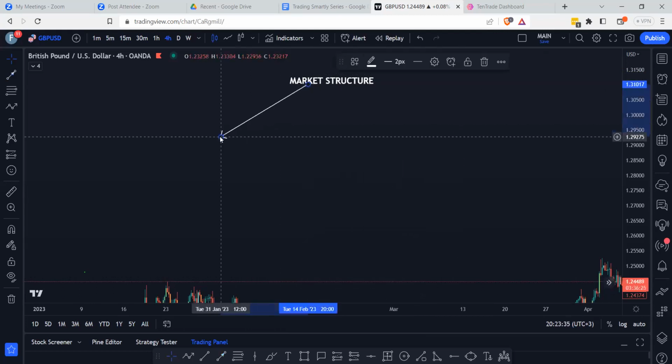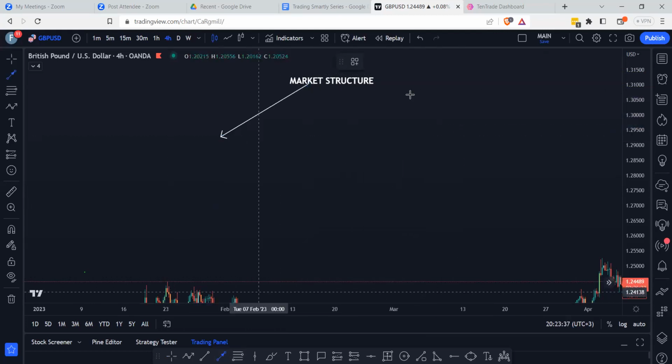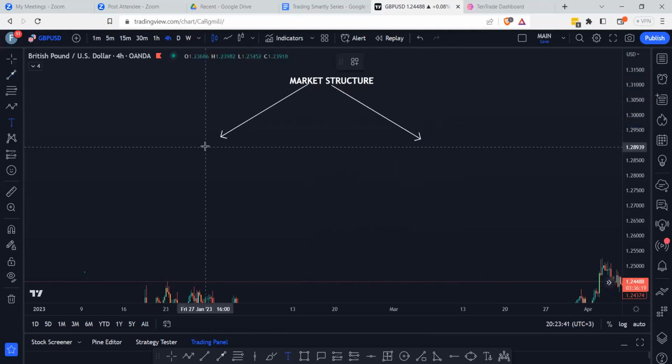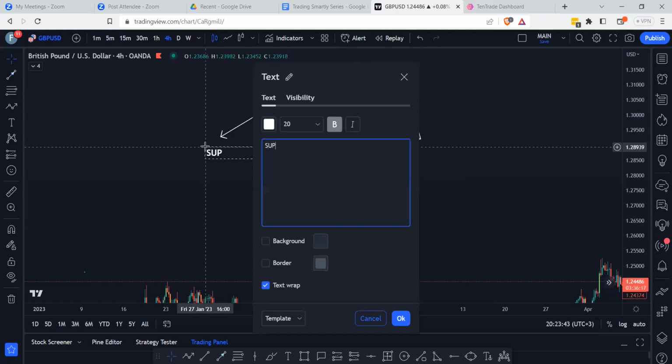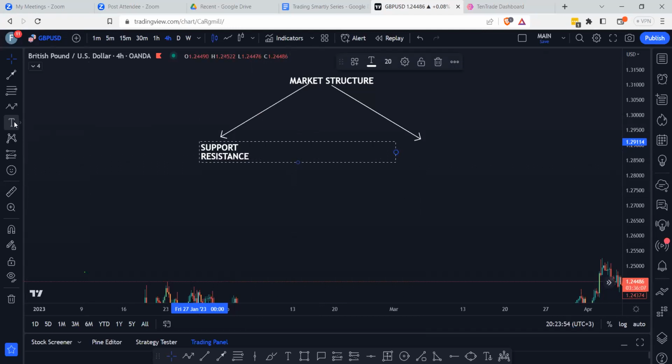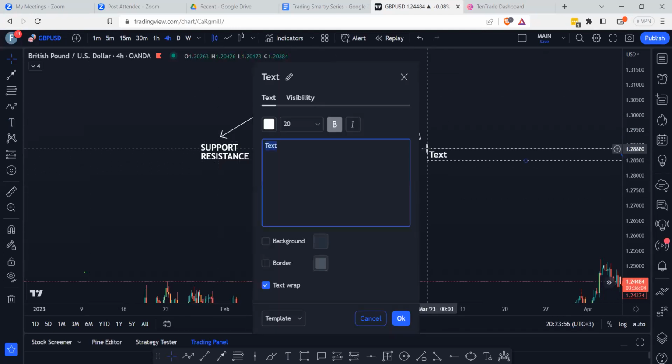We'll look at a concept called support, and then we'll look at resistance, support and resistance. And then we'll also look at the concept of trends.